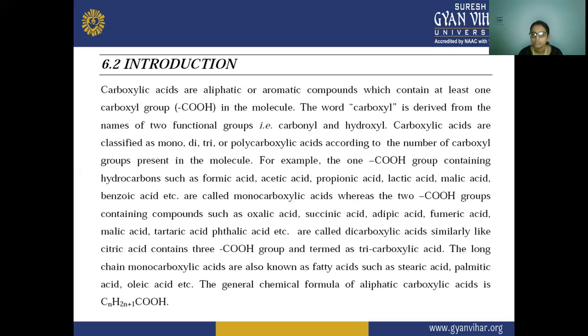If one carboxylic group is present, then it is mono, if two, then di, if three, then tri, and if so many carboxylic groups are attached to the aliphatic or aromatic compound, then they are classified as polycarboxylic acid.